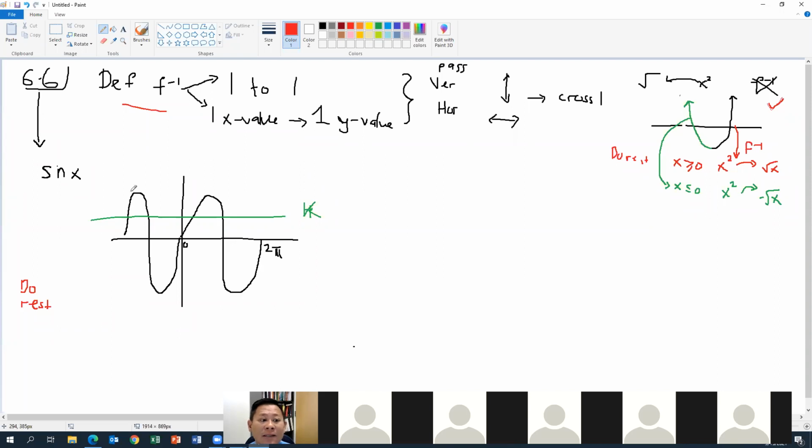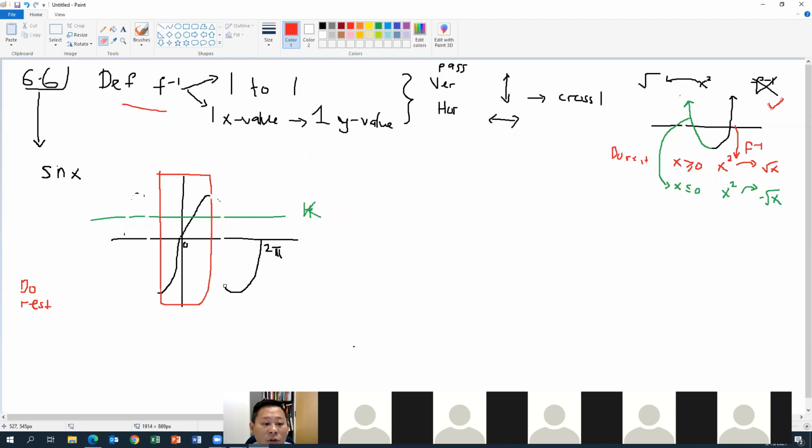We need to erase the rest, so we're not going to concentrate on the whole sine wave. We just concentrate on a part of it. Where do we concentrate so that it will pass? We concentrate on this red box here. We erase the whole sine wave and only concentrate on it.